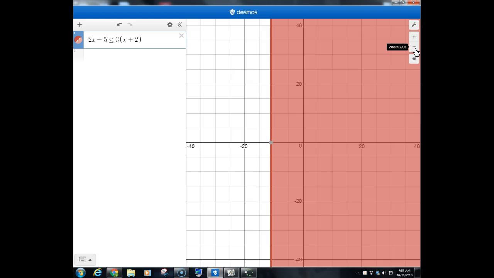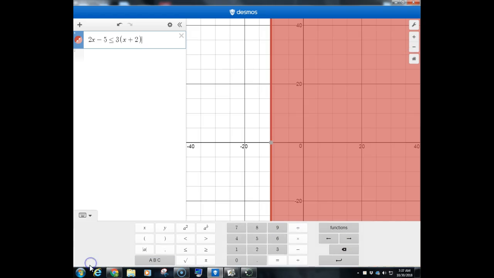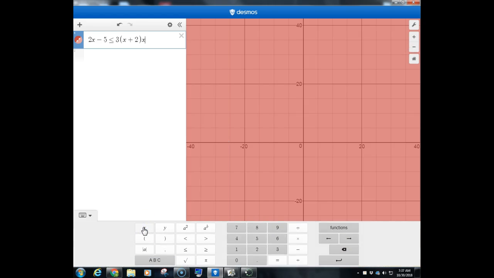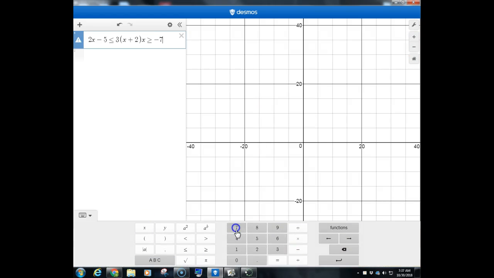When you have answer choices, you can graph them and see which ones match up, right? So a possible answer choice I see is x is greater than or equal to negative 7.